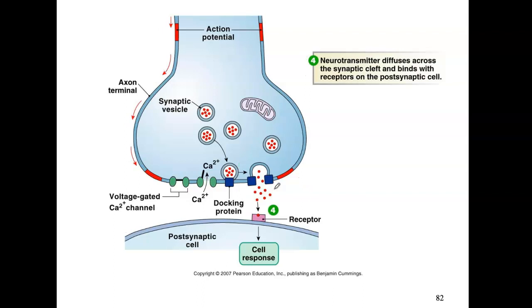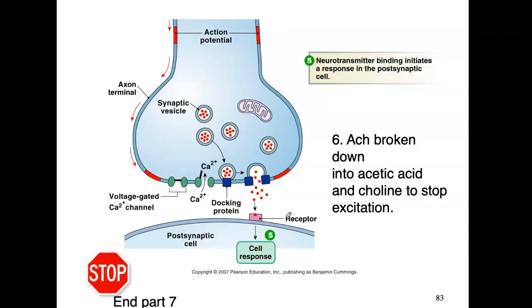4 would be the neurotransmitter diffuses across that synaptic cleft and binds with the receptor. There's the receptor on the postsynaptic cell. What's going to happen next is that neurotransmitter initiates a cell response in the next postsynaptic cell.